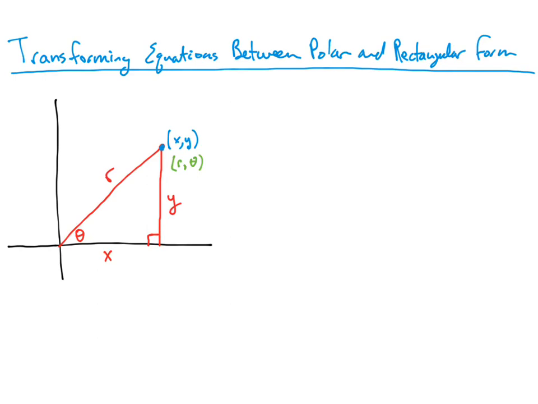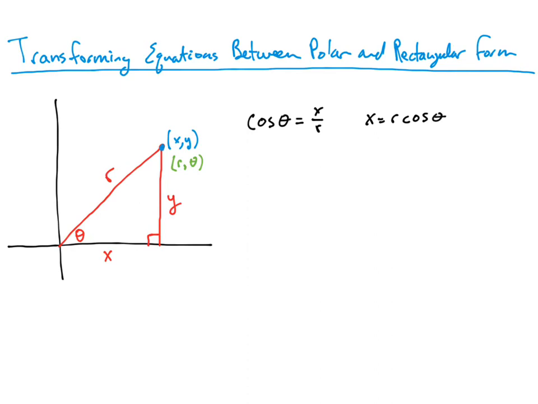So we can come up with a few different relationships that will show the function between polar and rectangular. So cosine of angle theta, we know, is x over r, and then if I solve that for x, we could say x is equal to r cosine of theta.